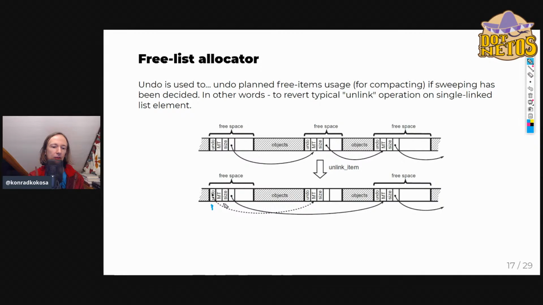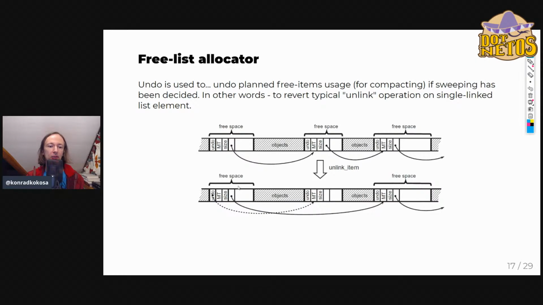So now I'm just putting this pointer here, and this pointer 1 I'm putting here, and the pointer 2, which is here, I'm putting here, and because of that the result is as previous. So now I have threaded this element again inside our FreeList allocator. This is just for reverting the unlink operation during the plan phase. I hope you see that it makes sense. If not, I can try to explain it again.